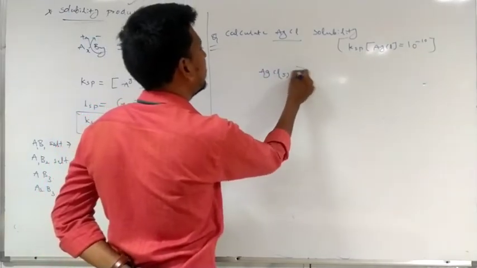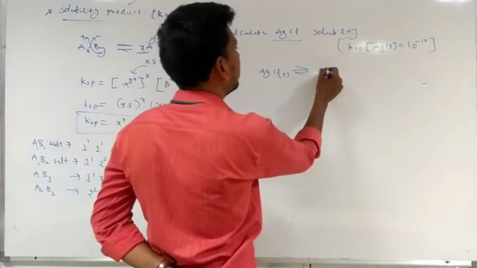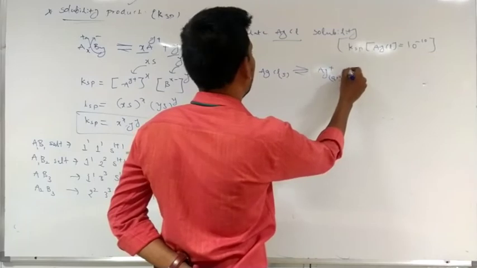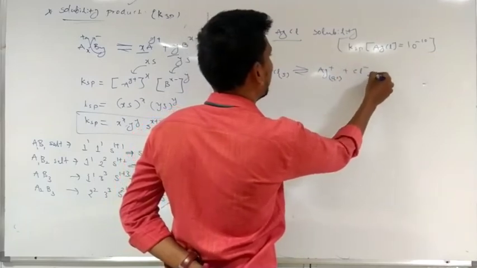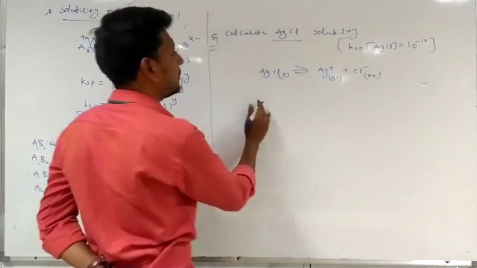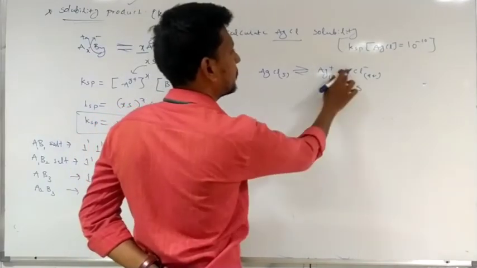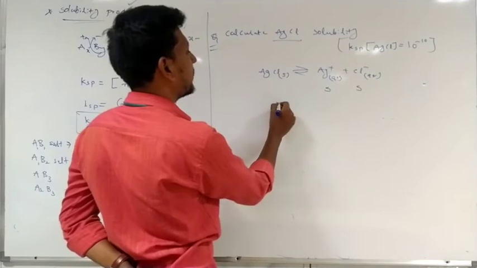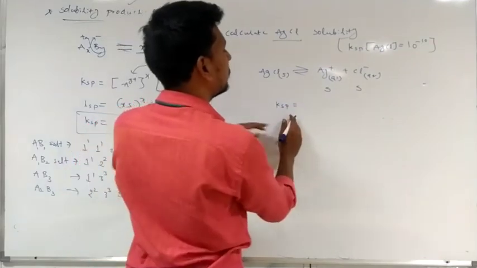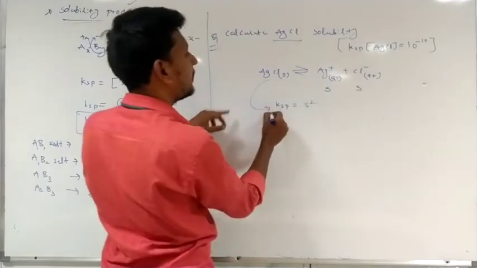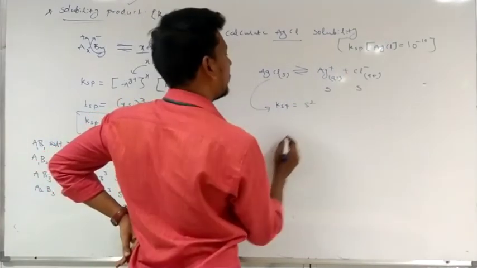AgCl, this is the solid, in equilibrium with Ag plus aqueous plus Cl minus aqueous. For this one, S and here S, followed by Ksp is equal to S square. What is the Ksp value for AgCl? The Ksp value for AgCl is 10 to the power minus 10.